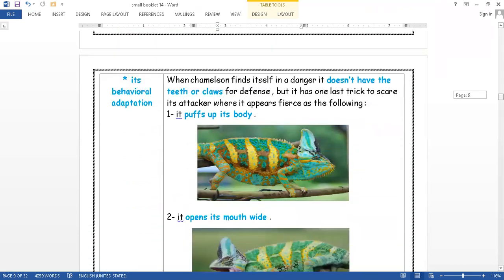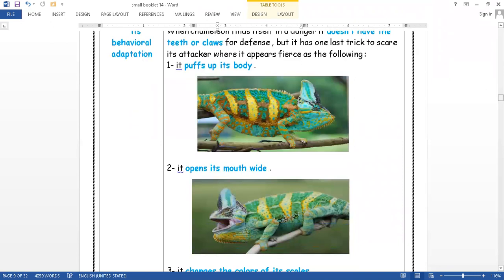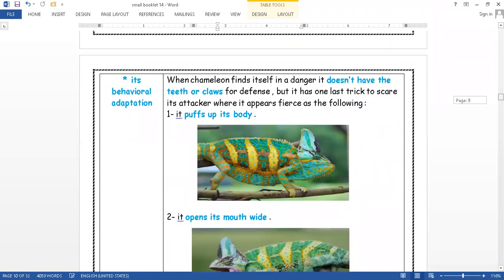Now we will talk about the behavioral adaptation. Unfortunately, Junior 4, we will find that this type of animal doesn't have teeth to defend itself, but it has other things it can use to defend or protect itself.